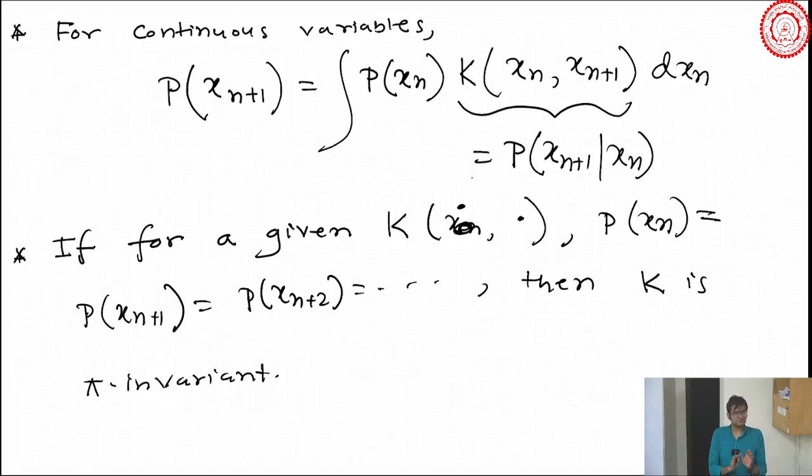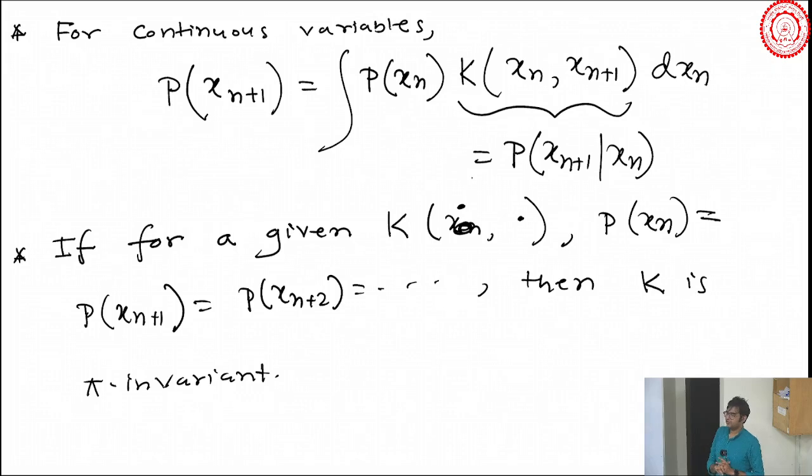Now we are also saying that we can sample from any distribution. There is nothing unnormalized here. We can sample using Markov chain Monte Carlo if you can design a kernel K that is pi invariant. That's a necessary condition.